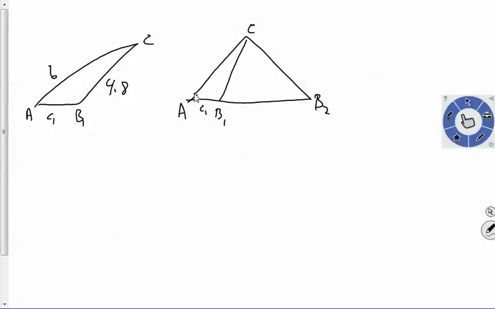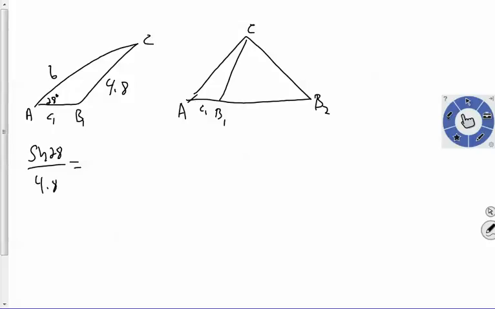So let's figure this out. This triangle right here is 28, and we have that. So let's figure out sine of 28 degrees over 4.8 equals... okay, so we got those two triangles.